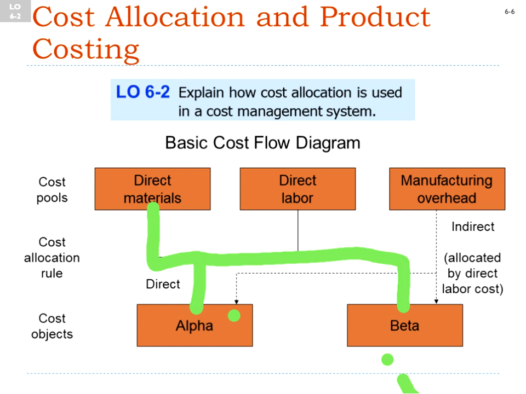For direct labor, also it's direct, so we can directly trace it to each product, to alpha and to beta. Okay, but when we look at manufacturing overhead, that's indirect. Those are indirect costs.